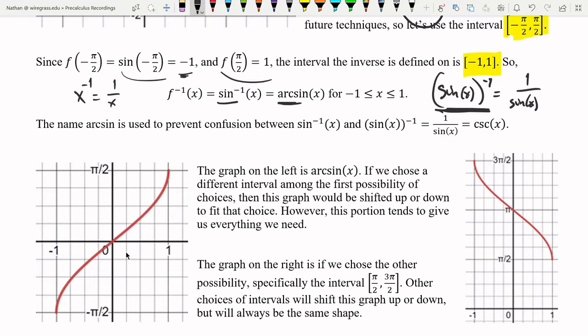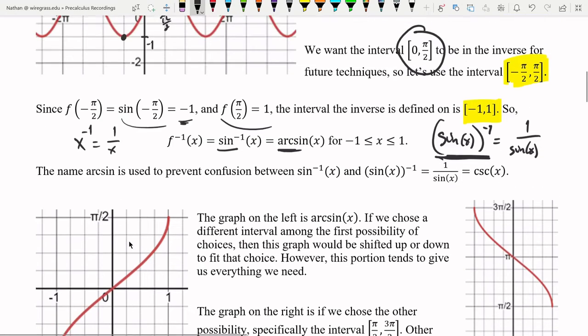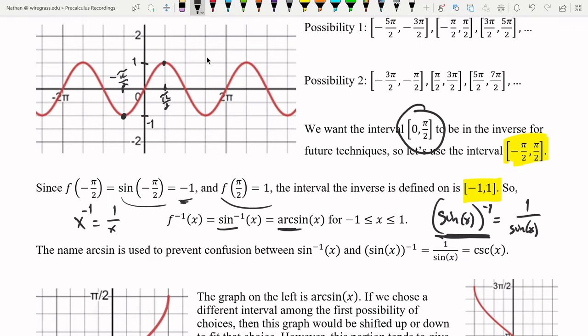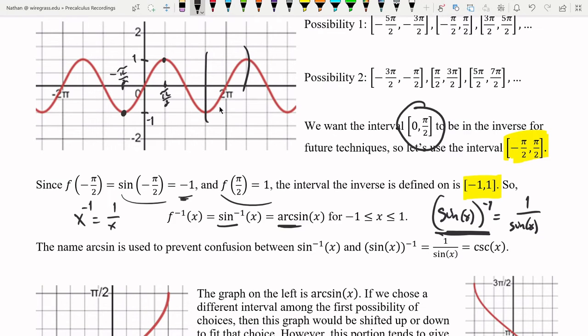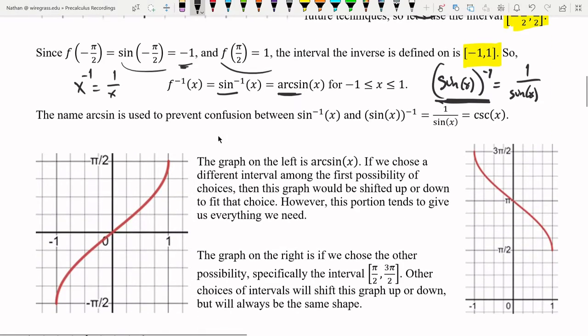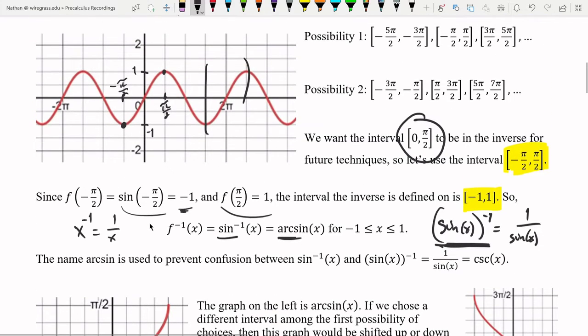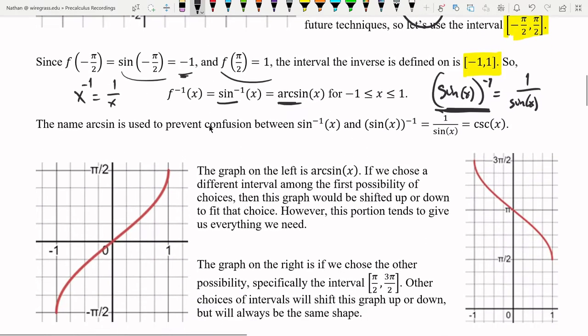If you had chosen a different portion of the domain, like for instance, if we chose this one instead, then the inverse of this would be just this thing shifted up some. It'd be up here if the graph were to continue, the same shape, just shifted a little bit. If instead we chose a different portion, like this portion here, where it goes down like this, then that gets flipped up to be this shape.